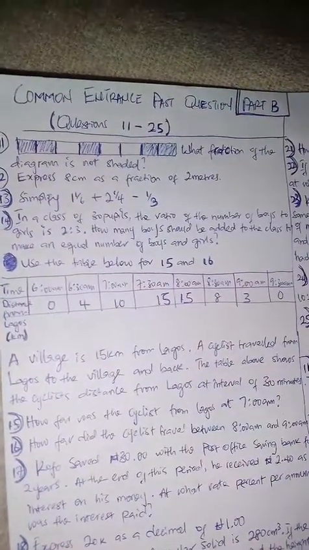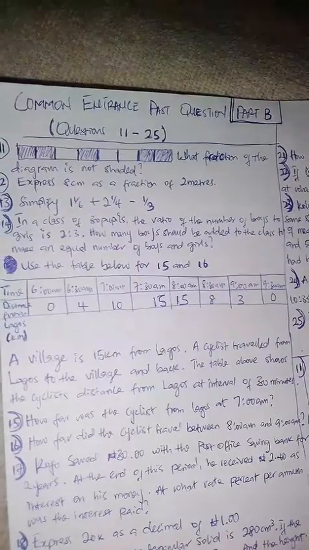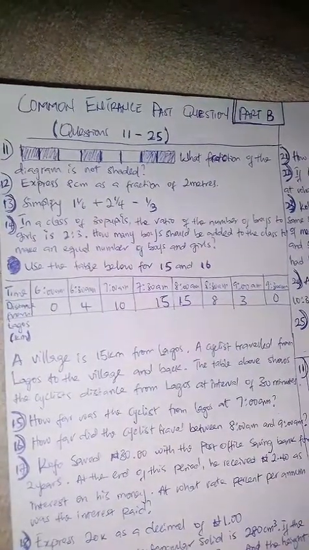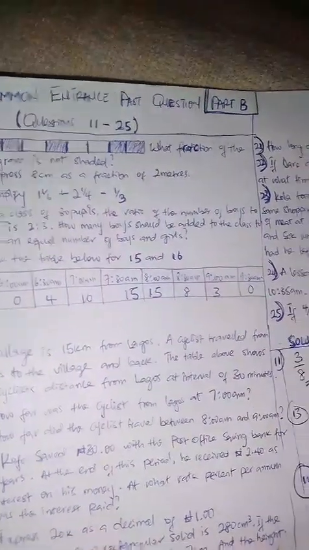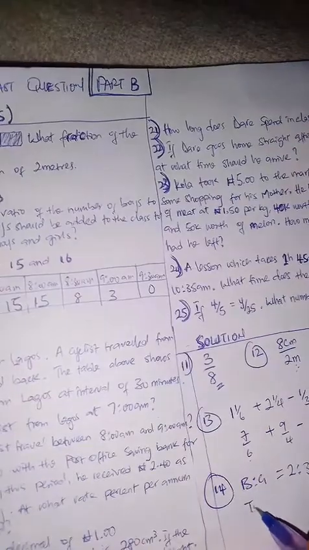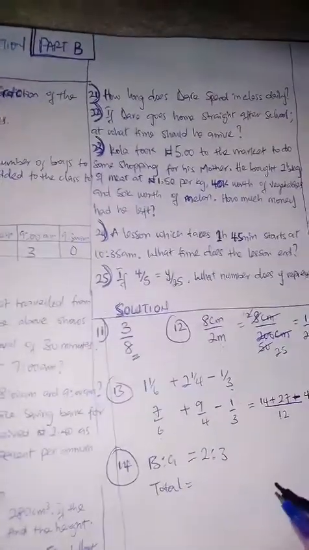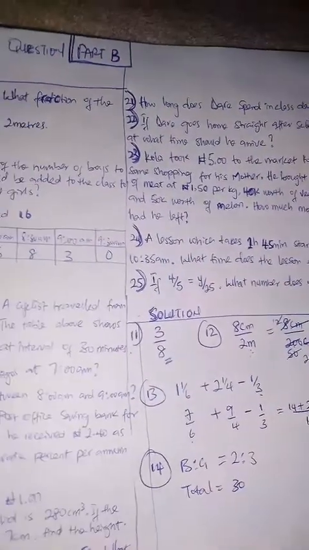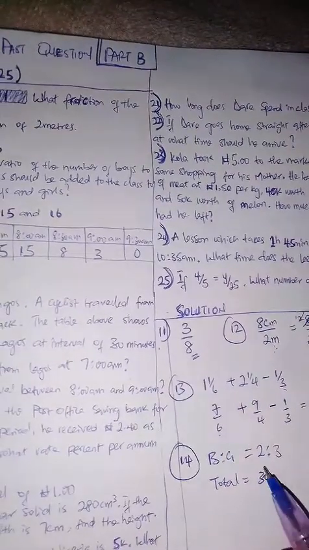Okay. How many boys should be added to the class to make an equal number of boys and girls? So the total number of pupils is 30.